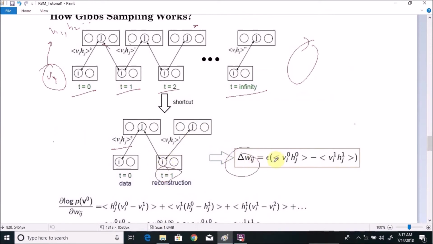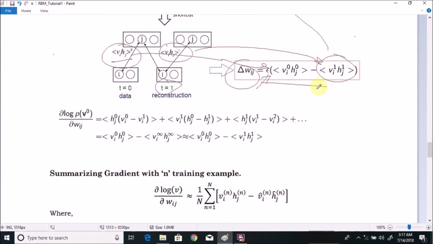So the change in weight is generally believed to be equal to epsilon, some learning rate, times this minus this, because it is assumed that this part is very close to that infinite part. This is stated in some of the latest papers. You can check the reference section. I have attached some papers in the reference section for more information on these issues.